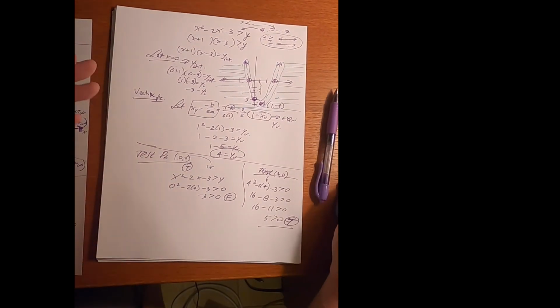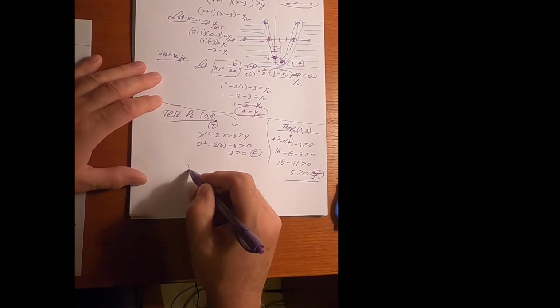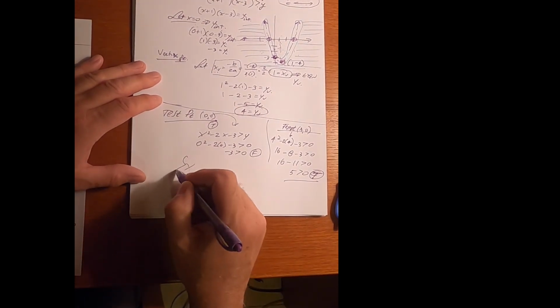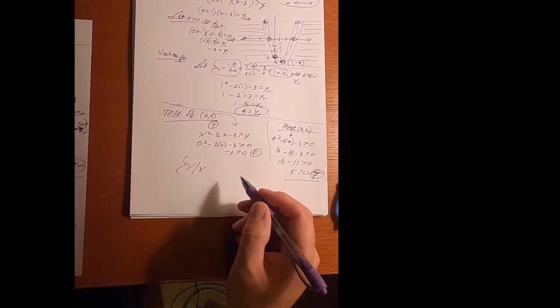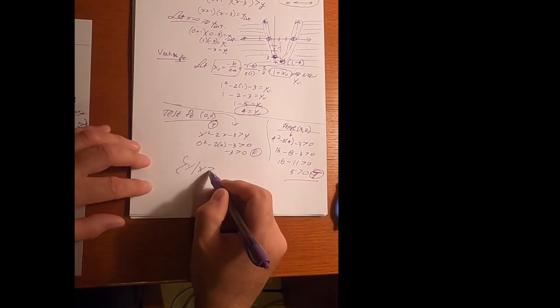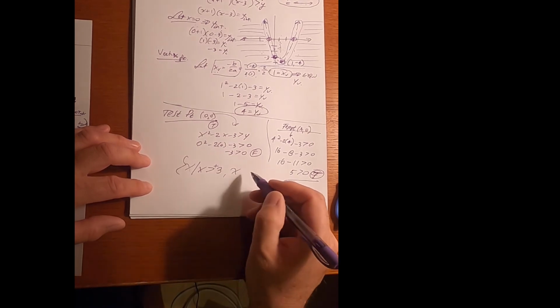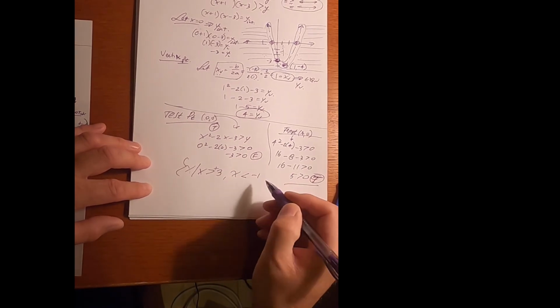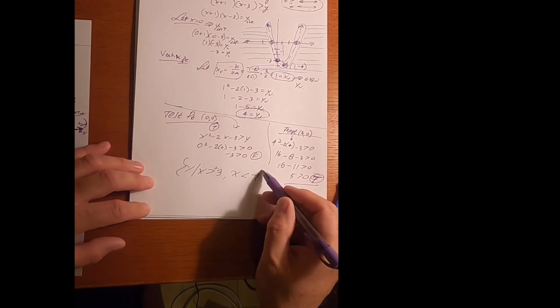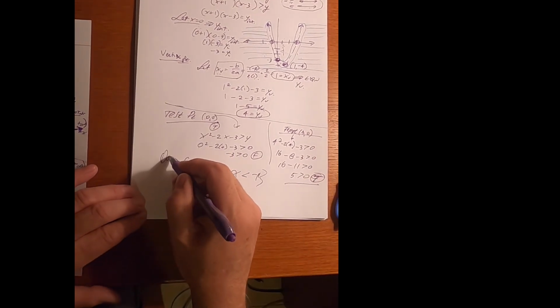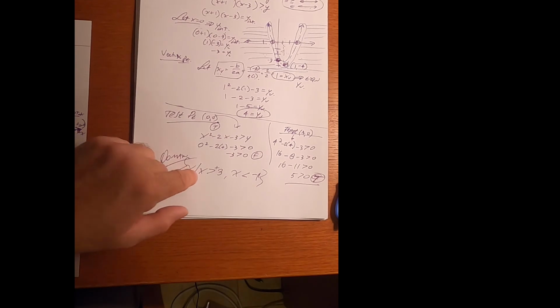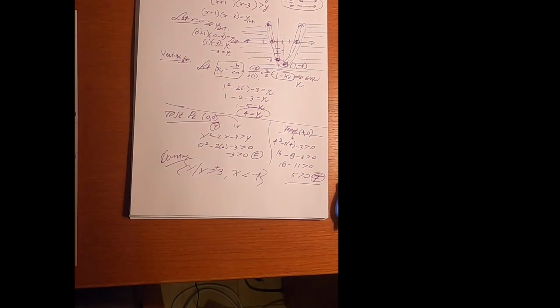So what would you say? Well, the solution is x, right, such that x can what? x is greater than what? Greater than plus 3, but x is what? Less than minus 1. So there's your domain for this equation here.